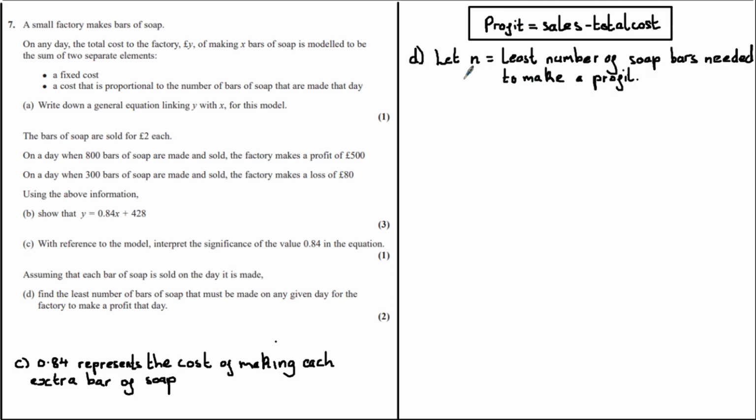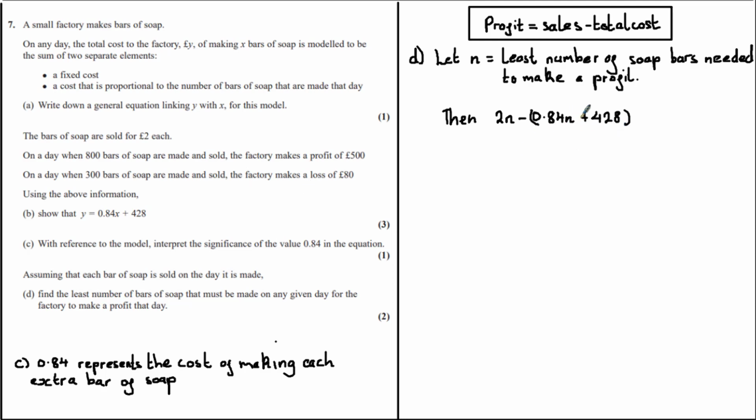Now, if we let n be equal to the least number of soap bars needed in order to make profit, then using this equation, we can say that the profit would be equal to the sales 2 times by n, which we've just defined as the least number of bars needed to make a profit, minus the total cost. We now know a complete expression for the total cost, but instead of x, we're going to use n.